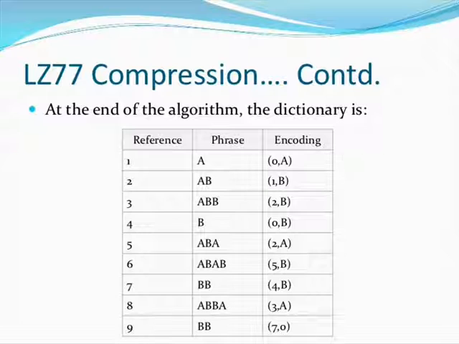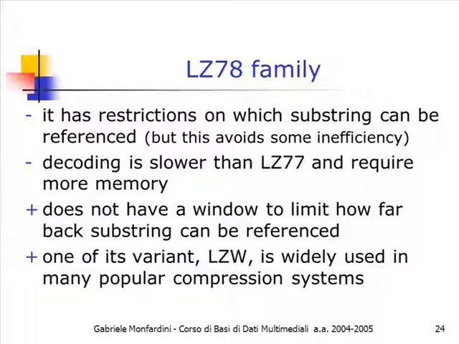Ziv and Lempel published their first algorithm in 1977. This algorithm, known as the LZ77 compression algorithm, uses a text window in conjunction with a look-ahead buffer. The look-ahead buffer contains the information to be encoded. There are many variants of LZ77, all of which build on one basic idea.